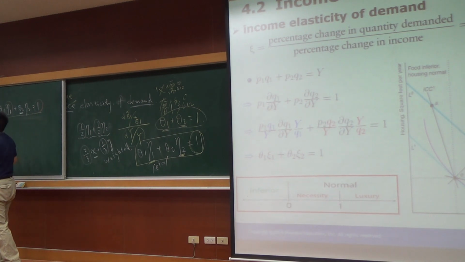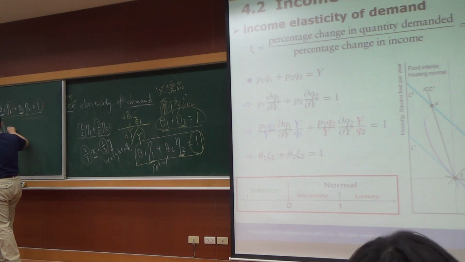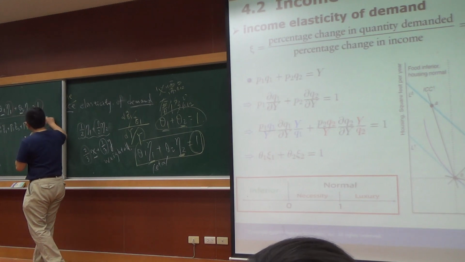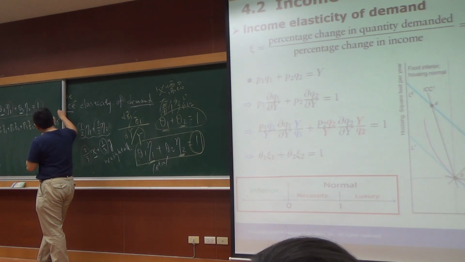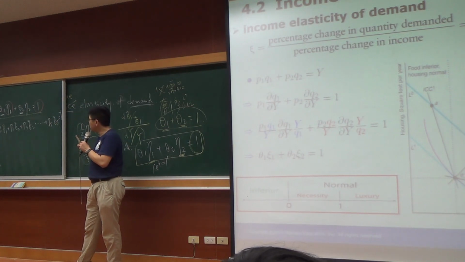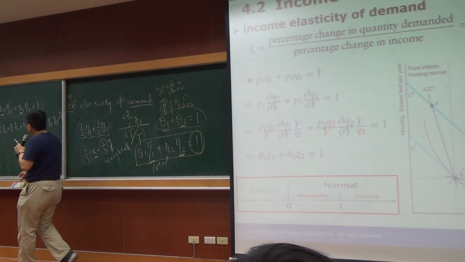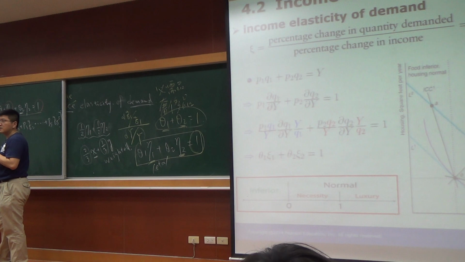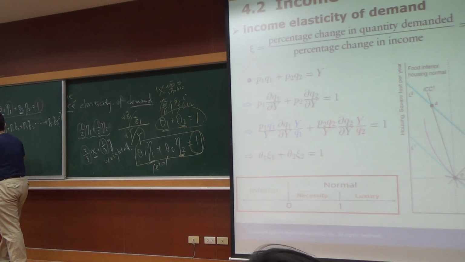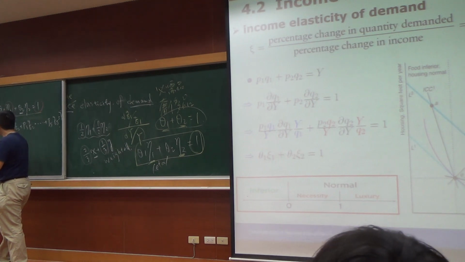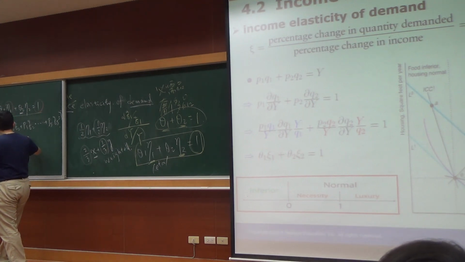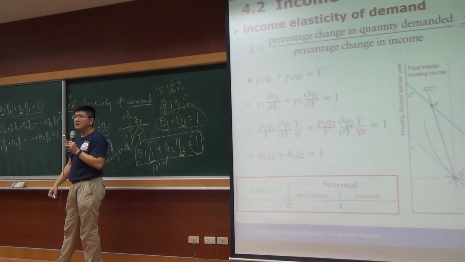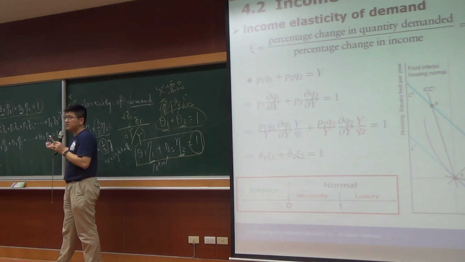But if there are, say, 5 goods, P1 Q1 plus P2 Q2 plus P3 Q3 plus P4 Q4 plus P5 Q5 equals Y. If our budget constraint looks like this, then we must have theta 1, the share of the expenditure on good 1 to Y, right? Theta 1 eta 1, the income elasticity of good 1, plus theta 2 eta 2, plus through theta 5 eta 5 must be 1. Okay?